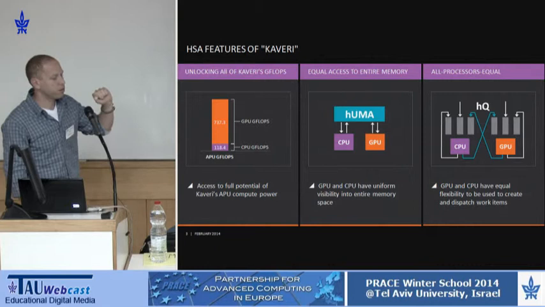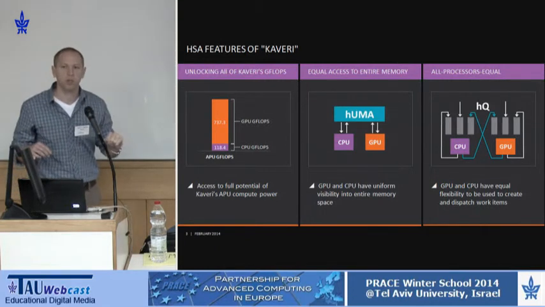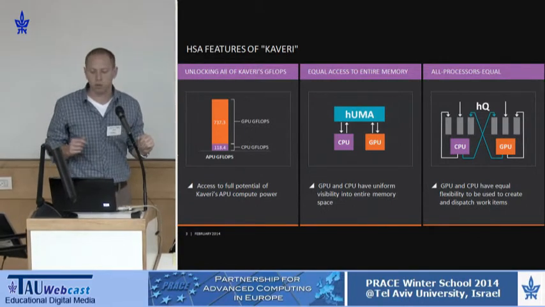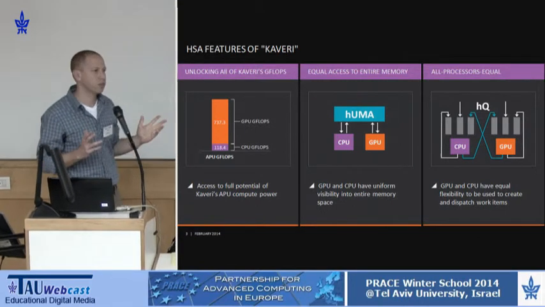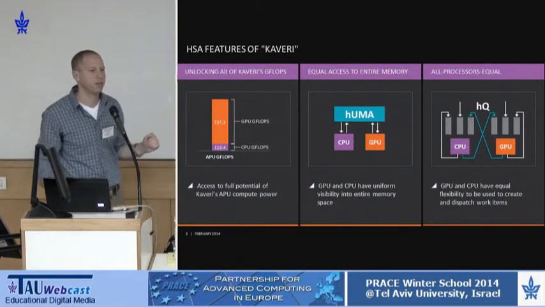Last but not least is to change the dynamics between the CPU and the GPU. The GPU traditionally is regarded as a coprocessor, a slave coprocessor, a passive coprocessor that does whatever it is asked.